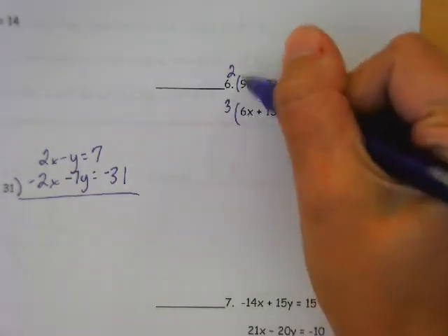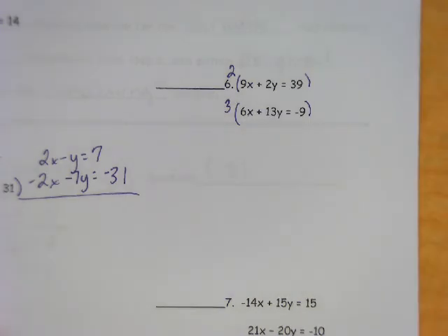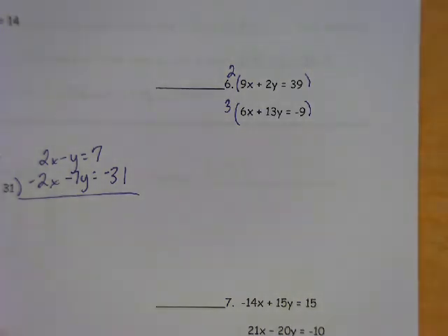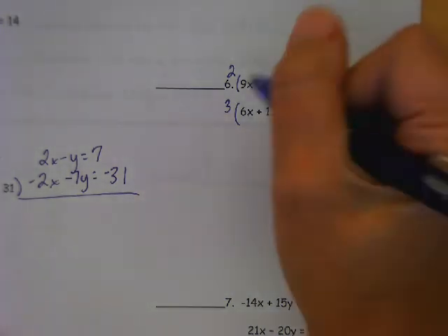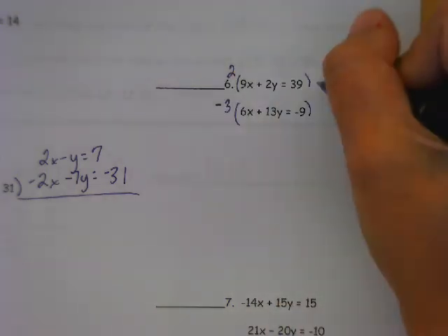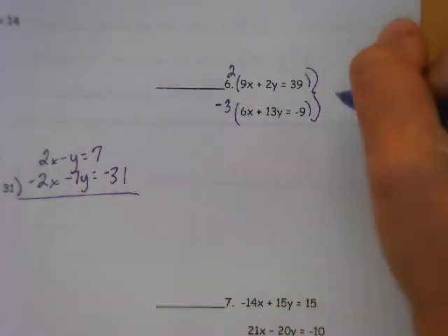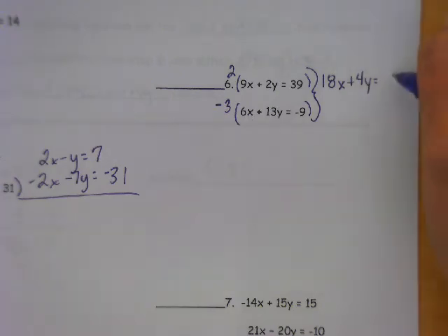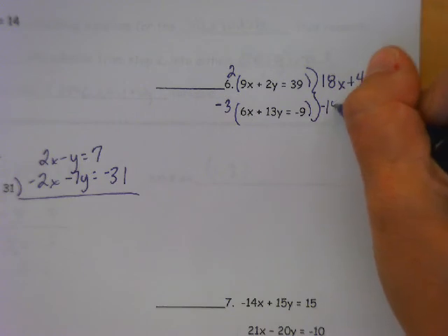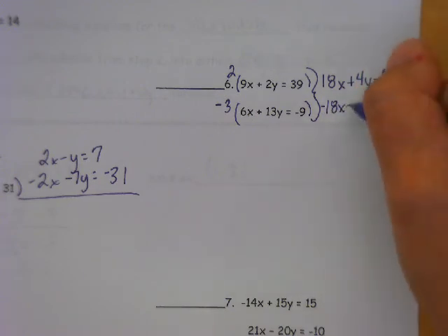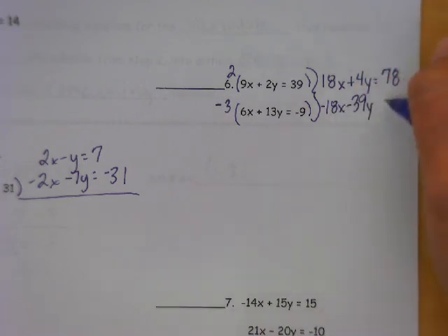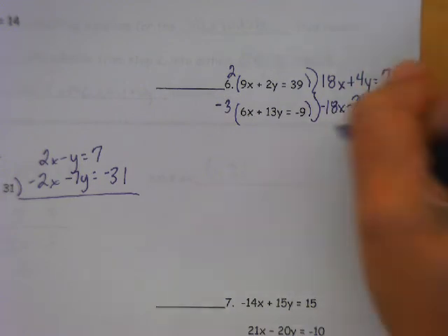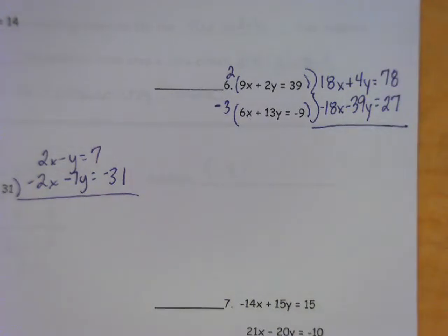Times it by 3, but they're still positive. One of them needs to be what? Negative. Which one do you want to be negative? It doesn't actually matter. So when we do that, we get 18x plus 4y equals 78. And we get a negative 18x minus 39y equals a positive 27. Could we do it now?